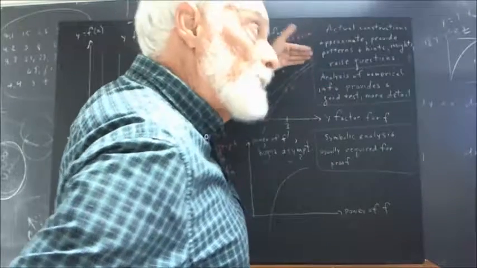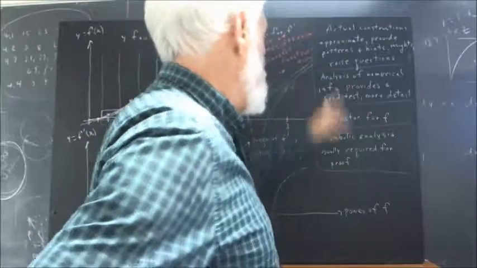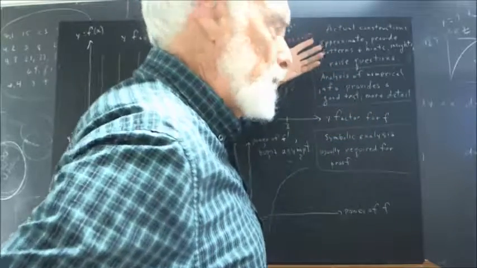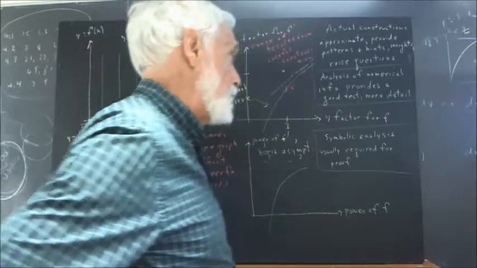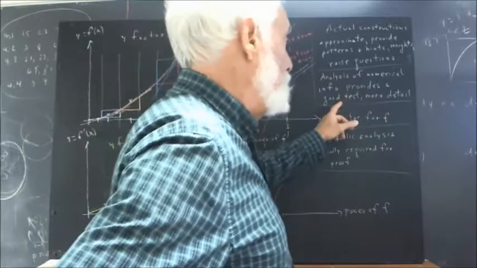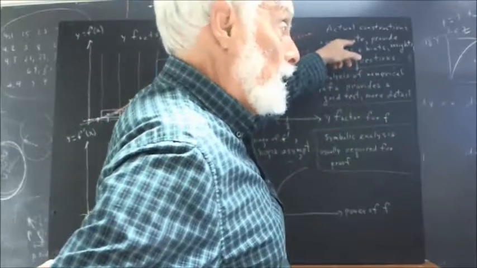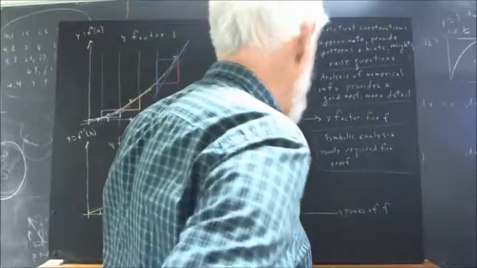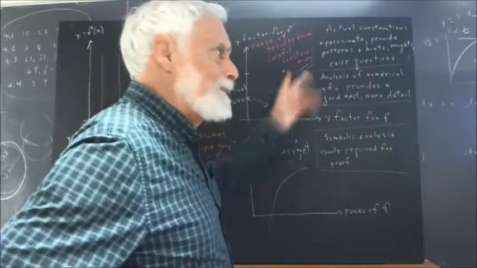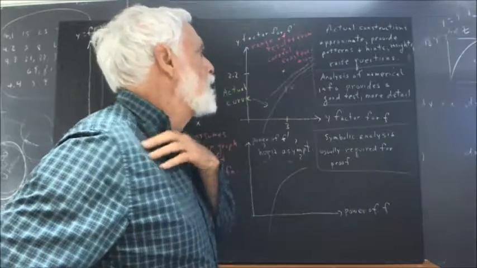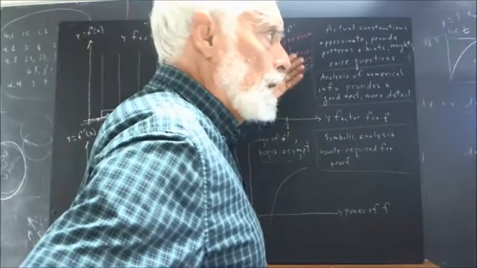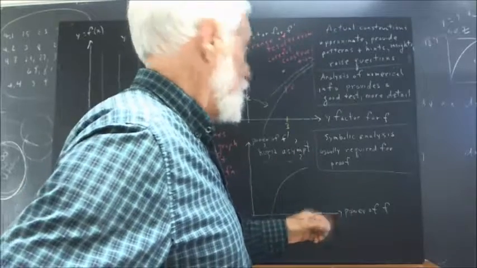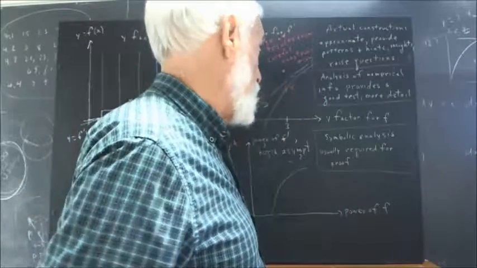Analysis of the numerical information we get on a trapezoidal approximation graph gives us a better test of some of our ideas from geometric construction and gives us more detail. But just analyzing numbers, all being approximate when you come down to it, doesn't prove anything. It gives us a pretty good idea, but doesn't prove anything.